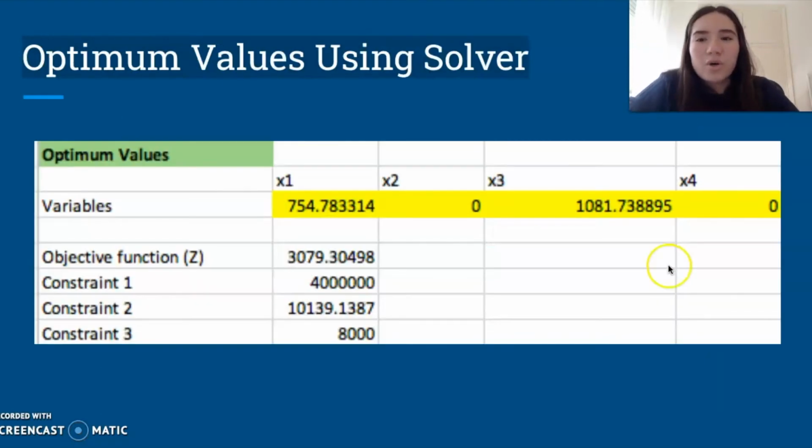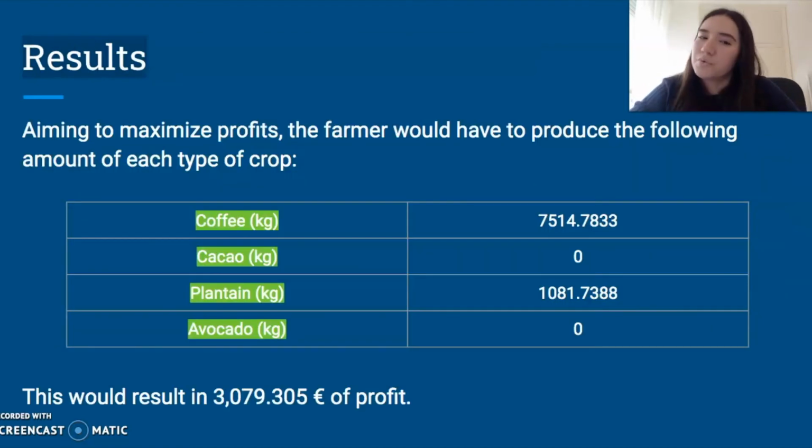Using Solver, we get the optimum values, which are the kilograms of each type of crop we need to produce during those 8 months to maximize our profits. These are the results. Aiming to maximize profits, the farmer would have to produce the following amount of each type of crop. Coffee, 7,514.7833 kilograms.